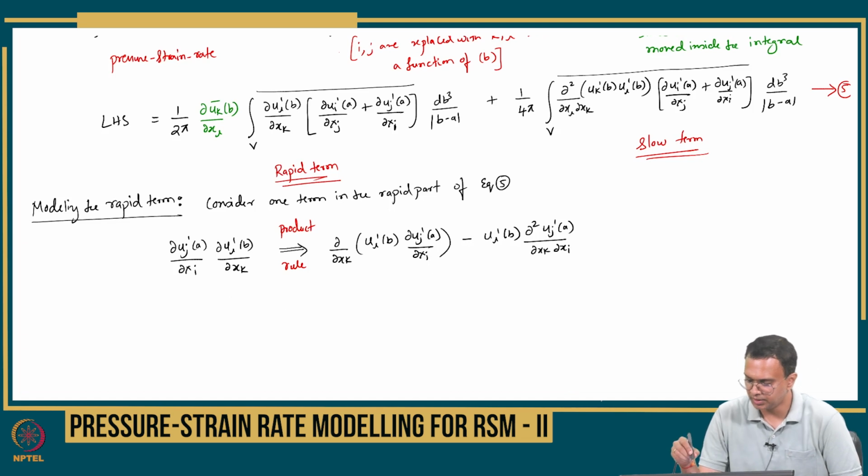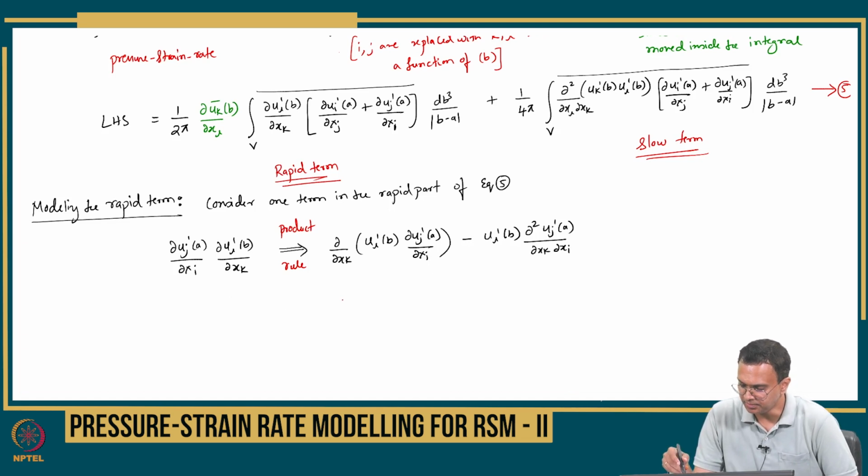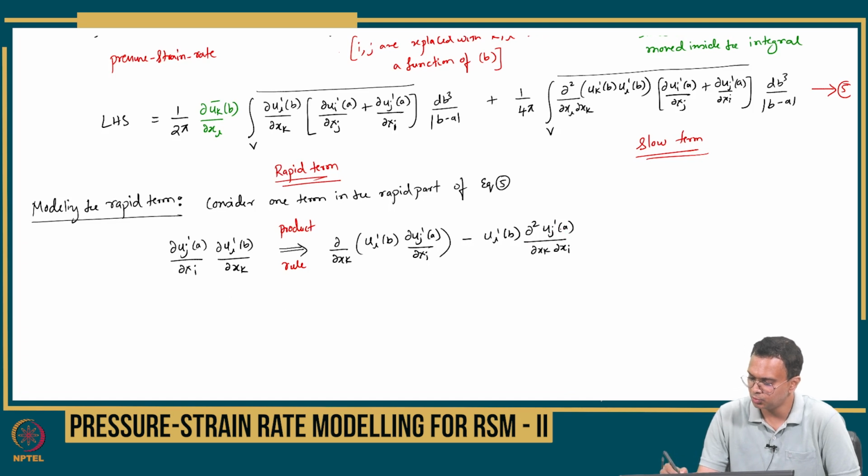If you look carefully at the right hand side, these are two terms, and in the extreme right part here, uj prime of A is a function of A. For A I have indices i and j, but there is k and l which is the index for the source B. So dou uj prime of A by dou xk should be 0, because one is a function of A, the other one is not.